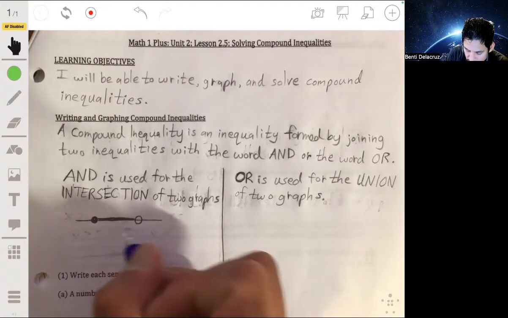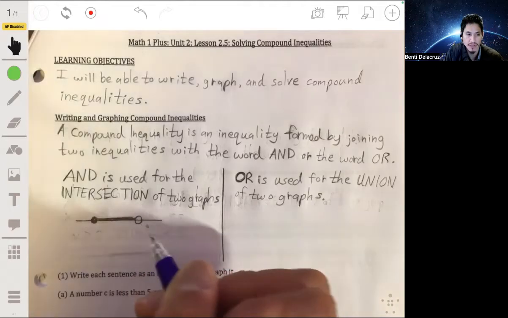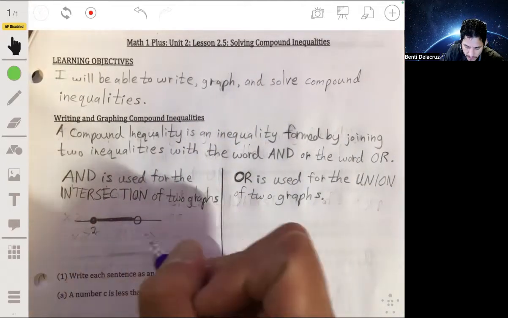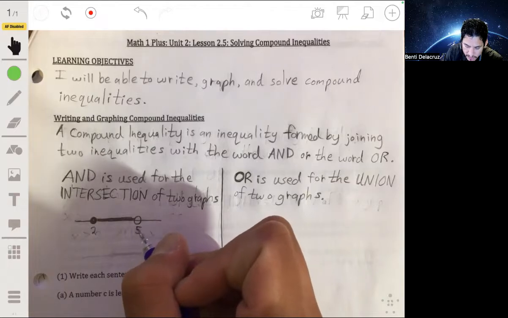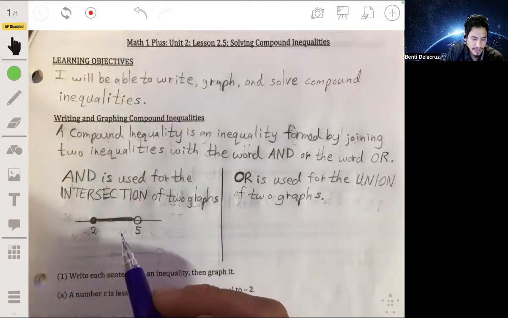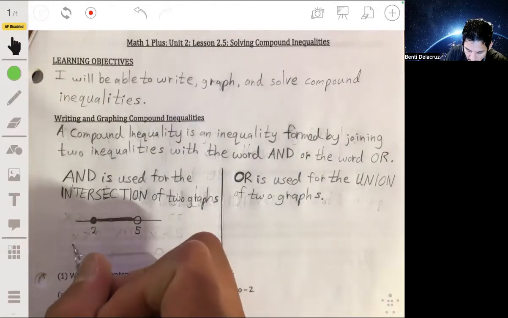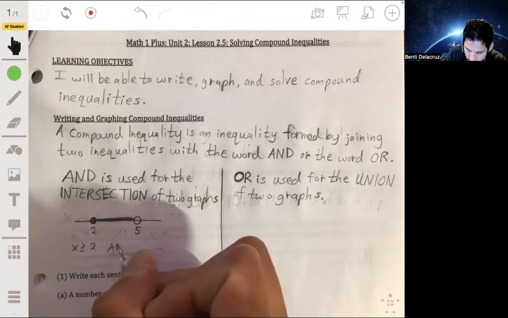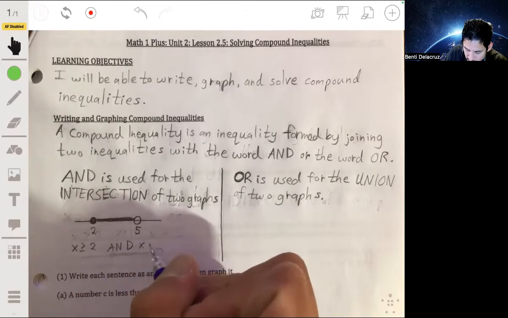So let's say we shaded in the middle. It doesn't matter if one is open or both open or if they're both closed. And let's say that this is 2 and that's 5. So the way we could describe this is that x is greater than or equal to 2 and x is less than 5.